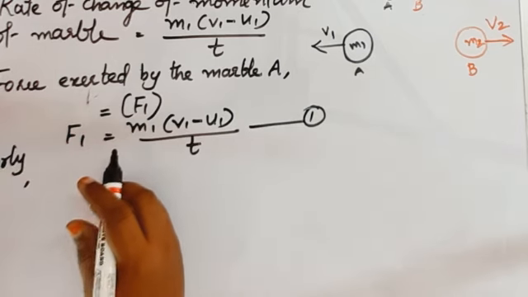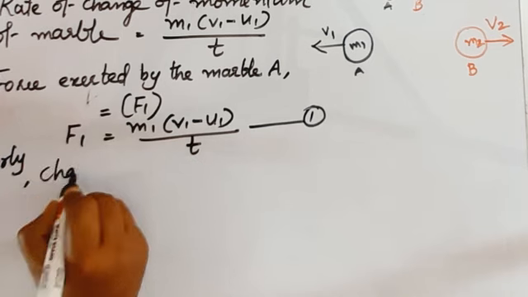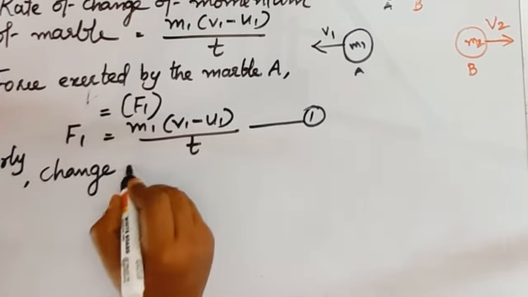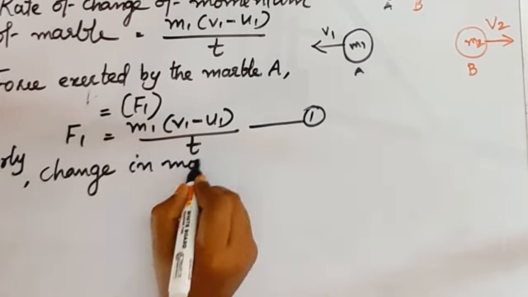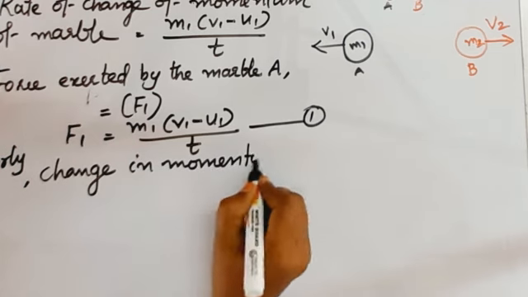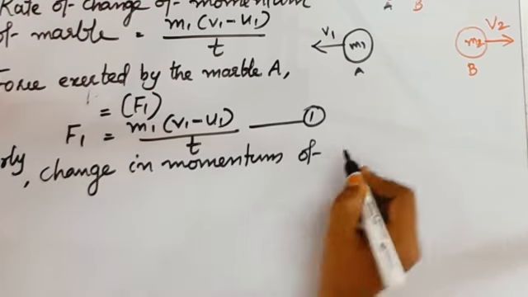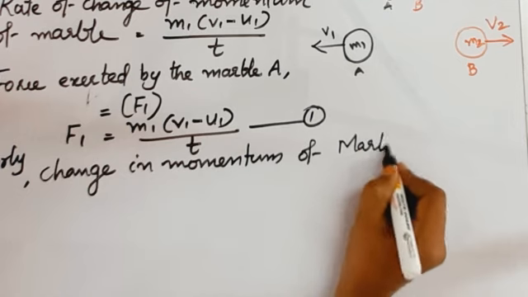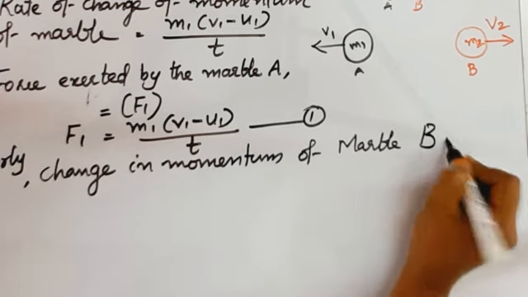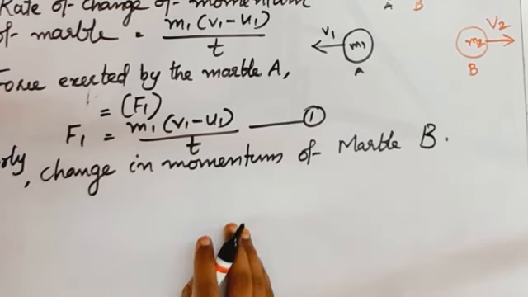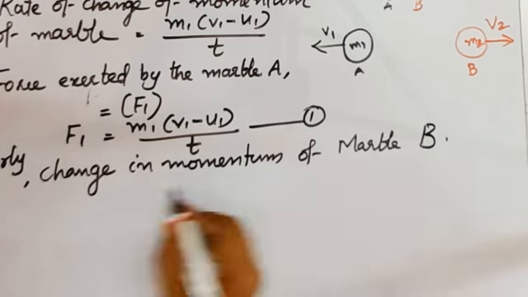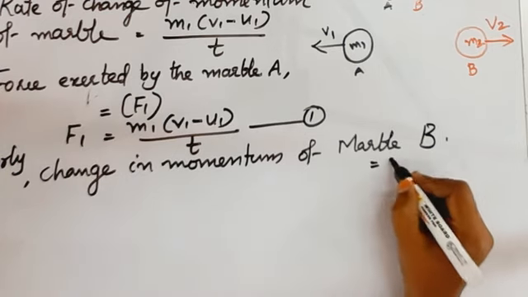Change in momentum of marble B. How is the change in momentum written?